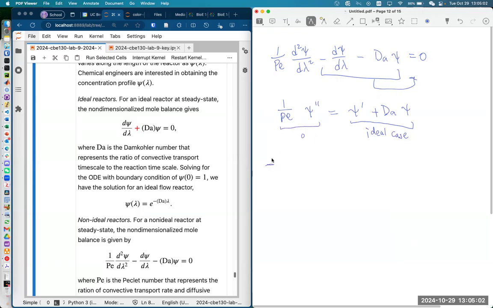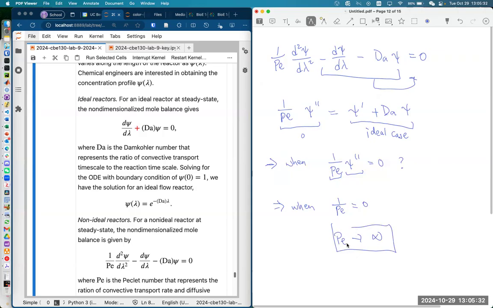So now the question becomes, when is 1 over PE psi double prime equal to 0? We don't know when it's equal to 0, but we could set this to 0. So the problem becomes, when is 1 over PE equal to 0? It's when PE is very large. When it approaches infinity, 1 over PE is equal to 0.